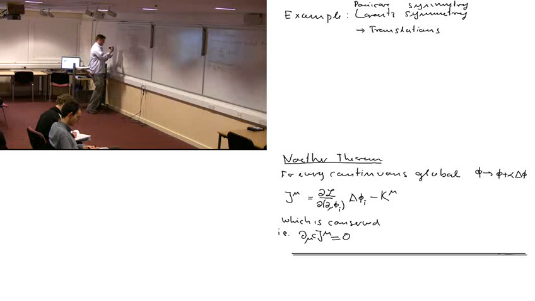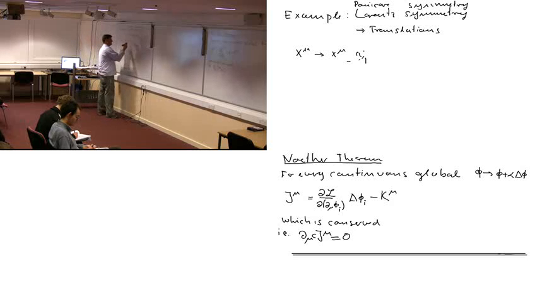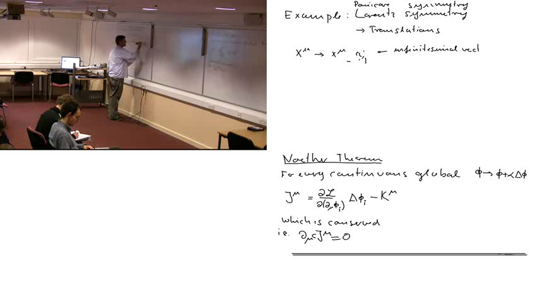Okay, so let us do a translation. x mu goes to x mu minus a mu. So we translate by an infinitesimal vector. And we should note that it's a vector, so we can do different types of translations.